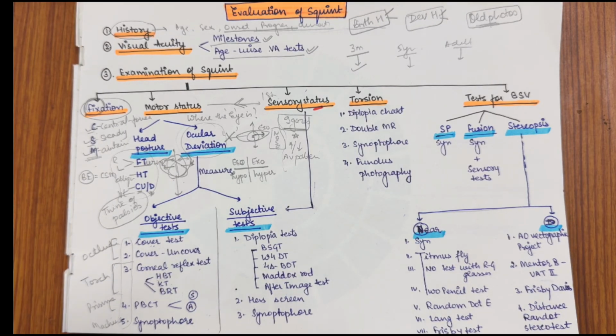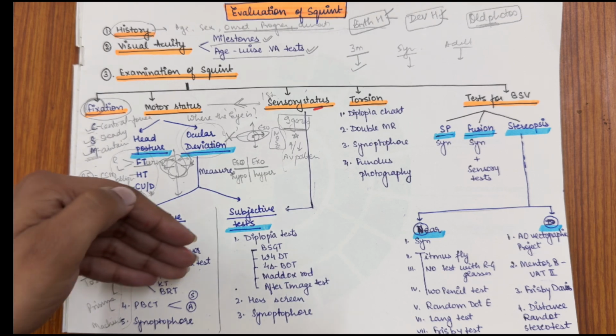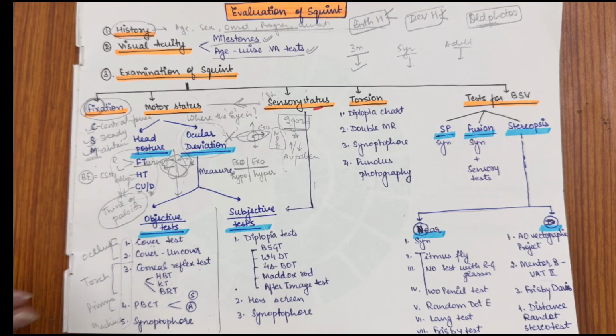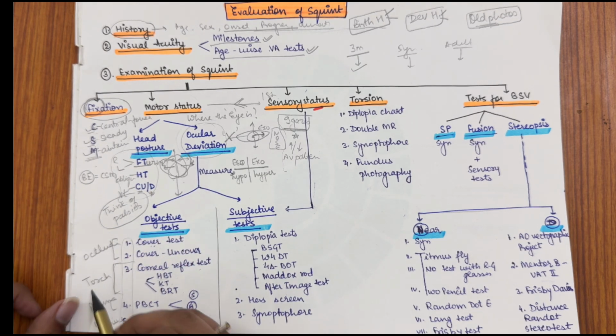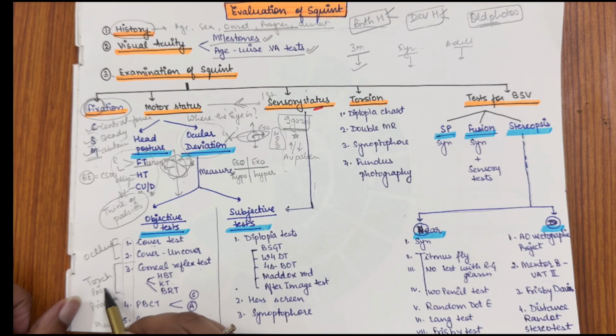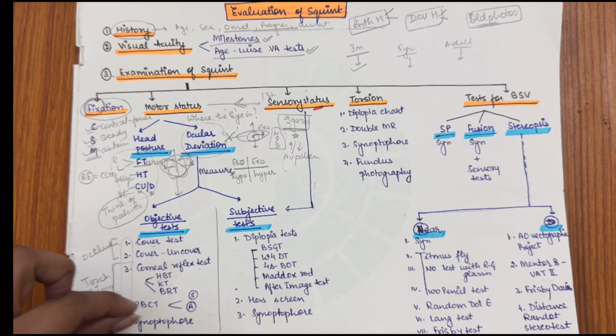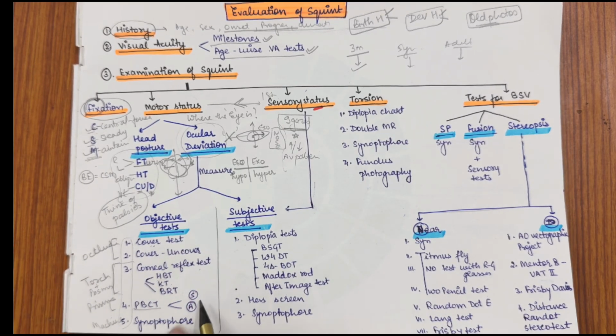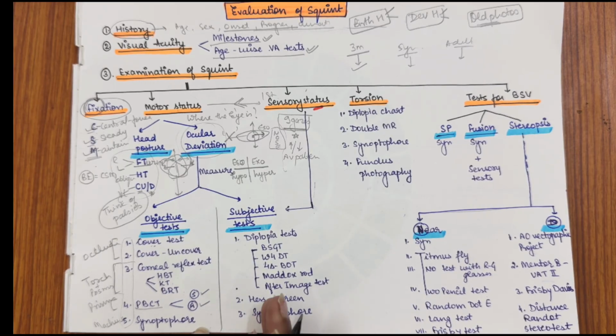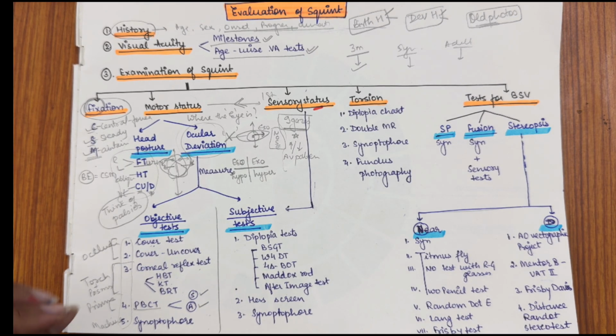So you divide it this way: first you use occluders, then you identify on the basis of the torch corneal reflex test plus the prism test, and then the prism bar cover test. This prism bar cover test is of two types, simultaneous PBCT and alternate PBCT, and finally you go for a machine test, the synoptophore.